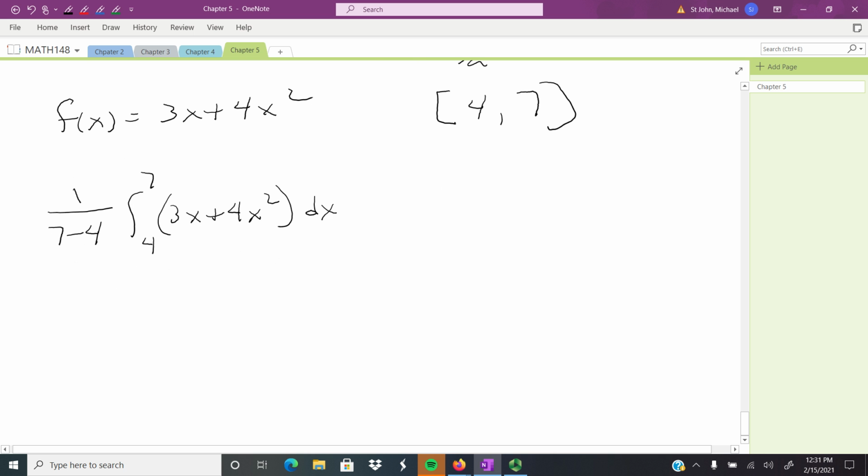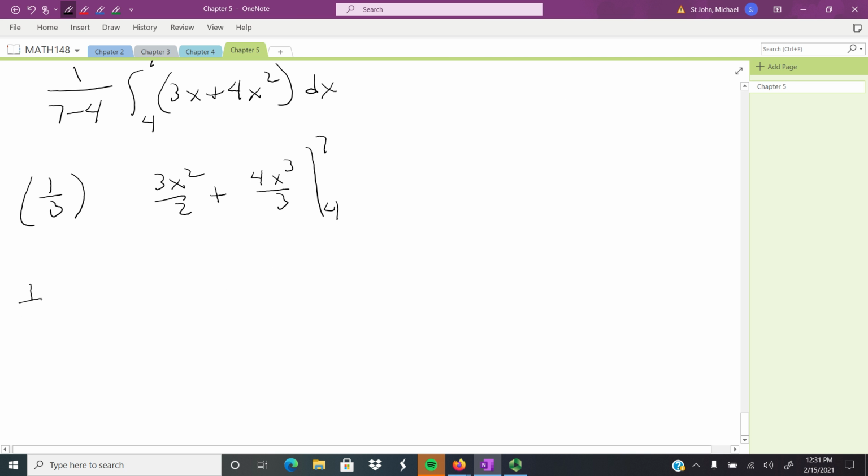So this will be 1/3, and then this will be 3x squared over 2 plus 4x cubed over 3, evaluated from 4 to 7.